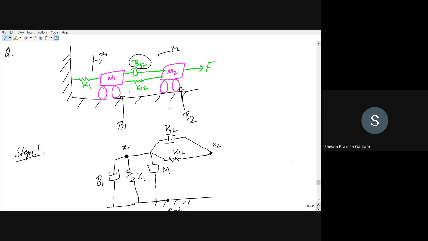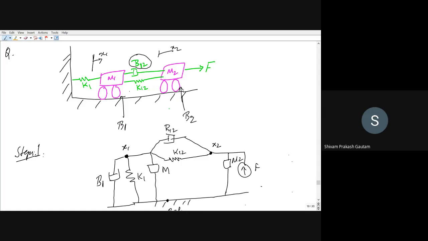Now at node 2, what are the elements connected? One external force is connected, so you can directly connect a force F. What else is connected? Mass m2 is connected with the wheels, and the wheels are again connected with the ground, that is the reference. So you can connect m2 here, between x2 and the reference.